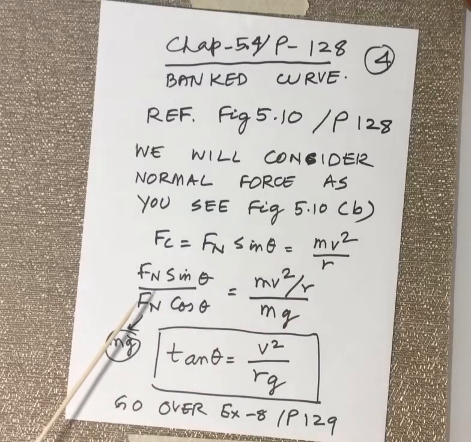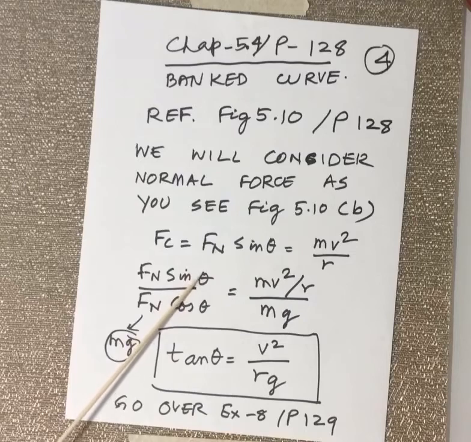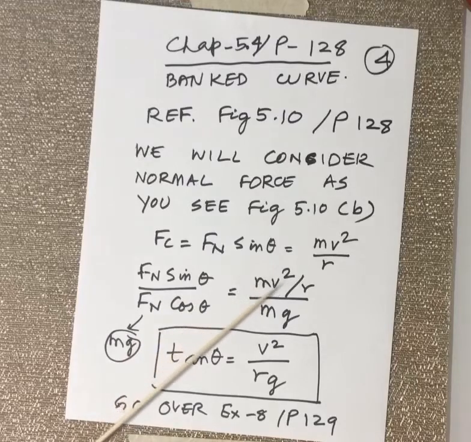Now if we divide Fn sine theta by Fn cosine theta, you will end up with mv squared over r over mg. mg is acting downwards as the weight, which is your Fn cosine theta. Finally, you have tangent theta equals v squared over rg.